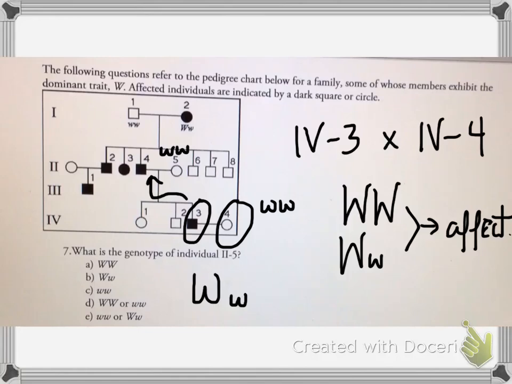So then the question is saying, what is the likelihood this progeny from this cross will have the trait?